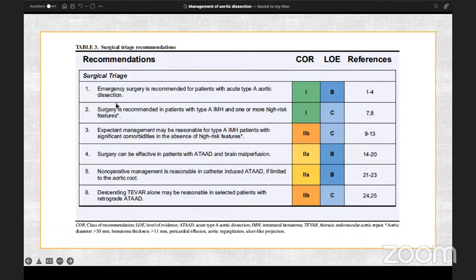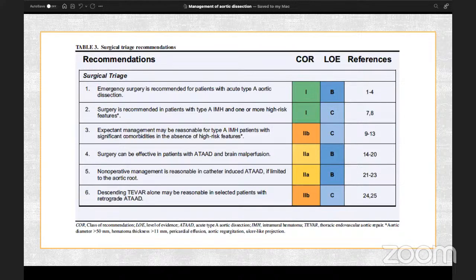And this is the triaging recommendation. Emergency surgery is recommended for all patients with acute type A dissection. If the patient has type A intramural hematoma and one or more high-risk features, this group of patients is also considered for surgery.